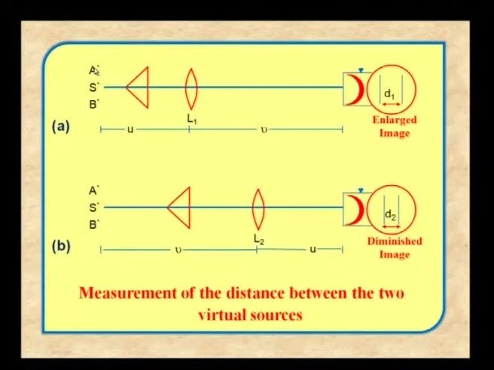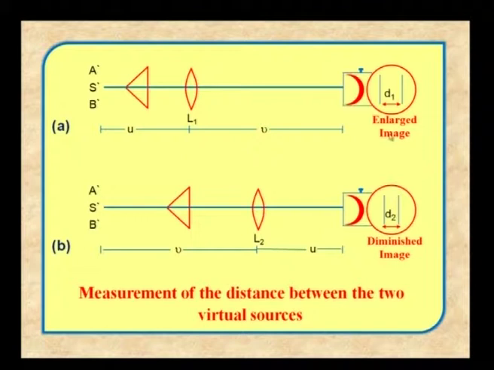So, what are d1 and d2? As I told you, how do you measure the distance between the two virtual sources? These are the source S, and the distance between the two virtual sources is measured by interposing a lens and obtaining the enlarged image, the distance between the two lines d1. Similarly, keeping the lens farther away from the biprism, you get what is called a diminished image.